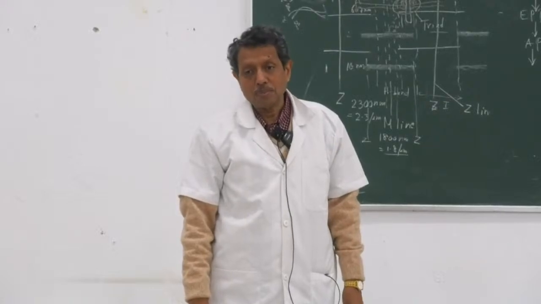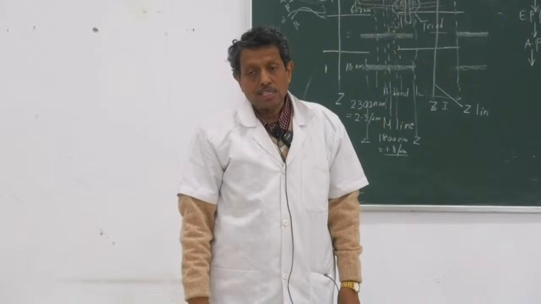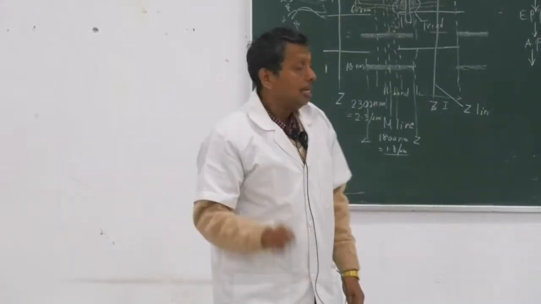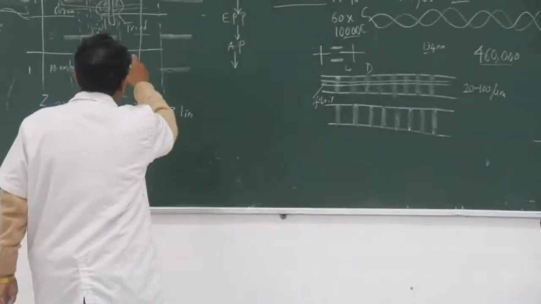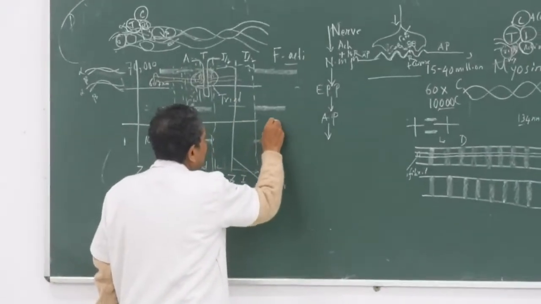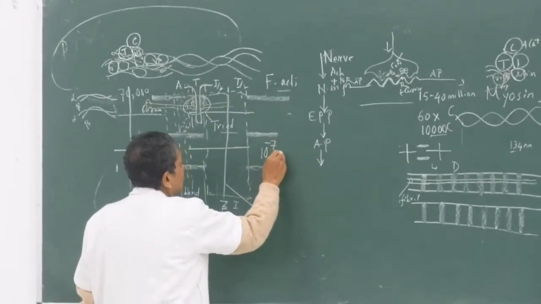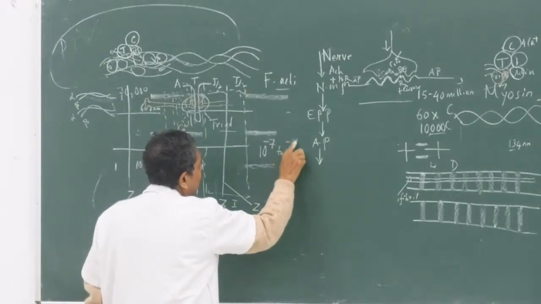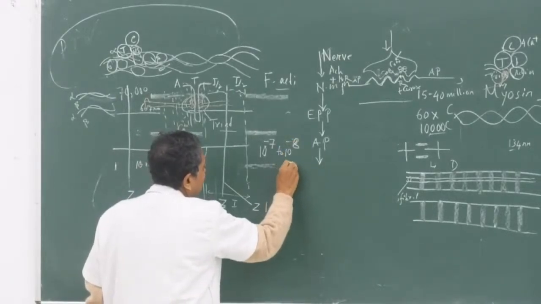The ryanodine receptor is a ligand-gated calcium channel in the sarcoplasmic reticulum, and calcium will come out. In the resting condition, the calcium ion concentration within the cytosol is 10 to the power minus 7 to 10 to the power minus 8 mole per liter.